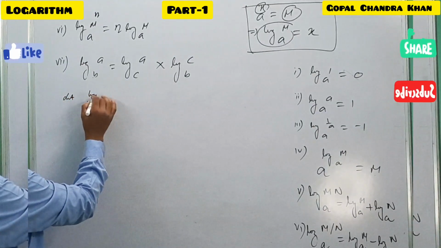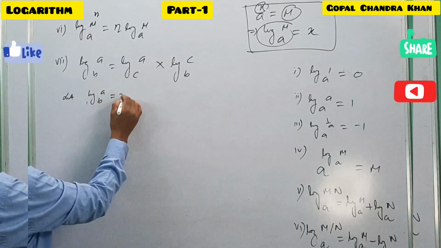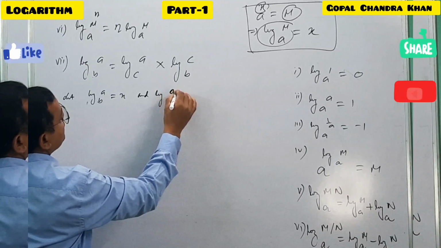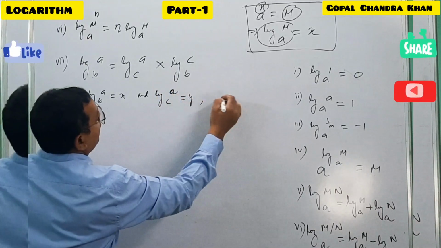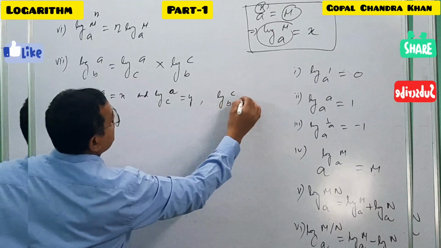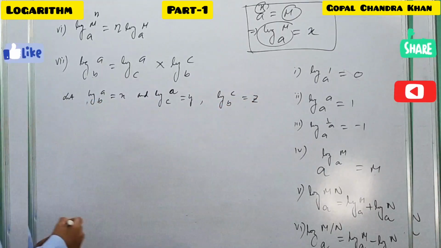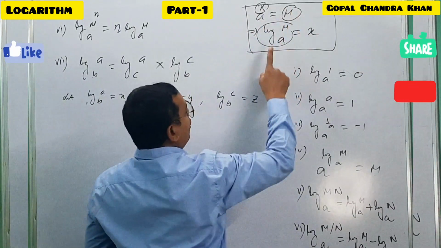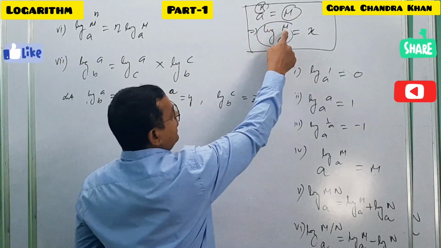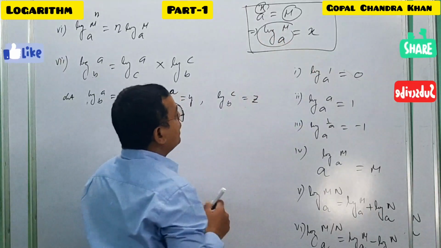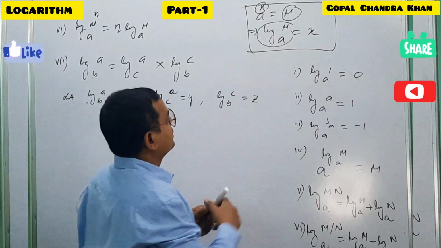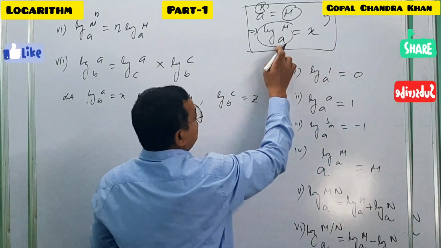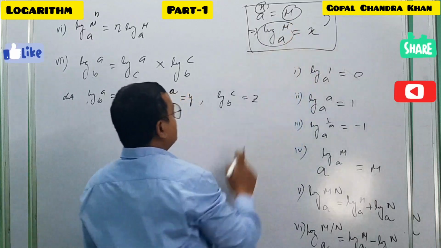Let log a base b equals x, log a base c equals y, and log c base b equals z. Look, if I take a to the power x equal to m, of course I am getting log m base a equals x. Now if I take the reverse, opposite direction, a to the power x equals m.